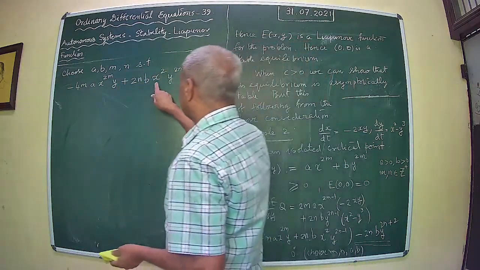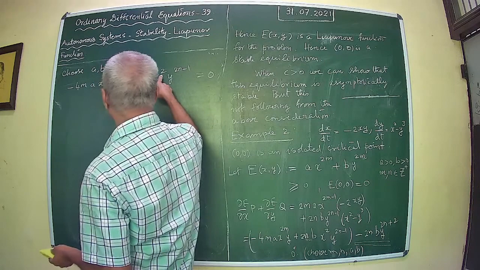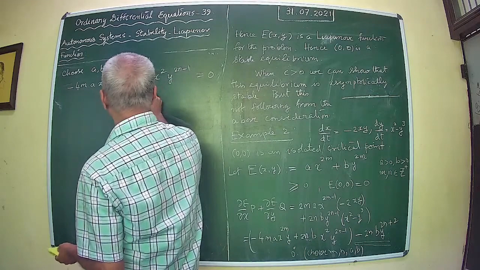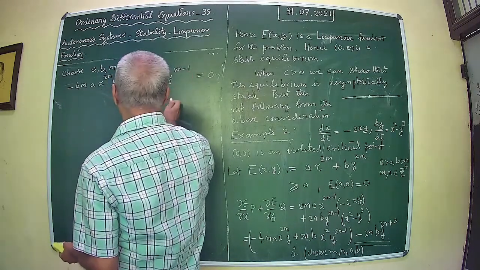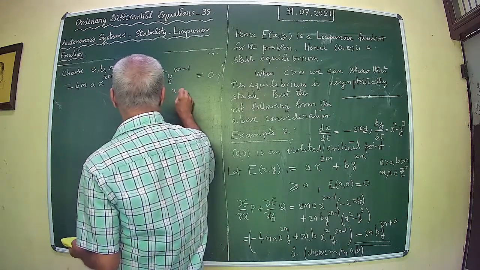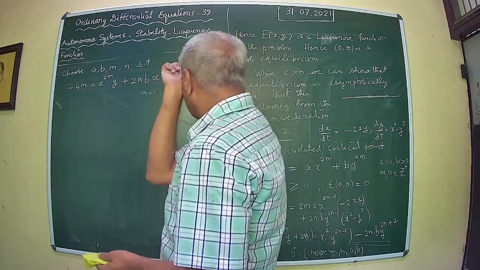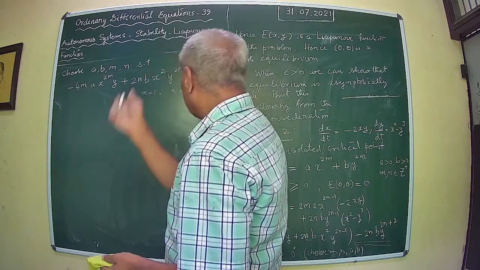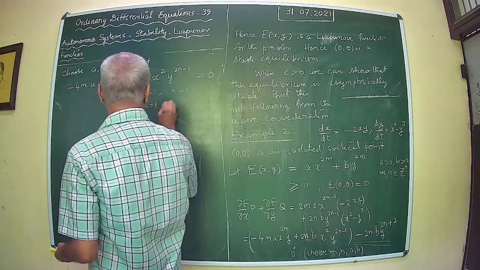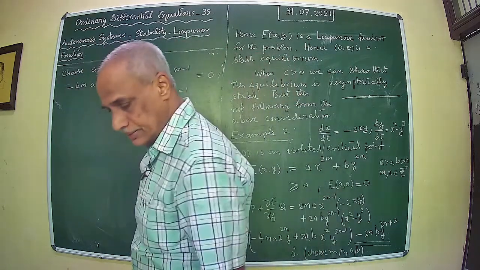See this automatically selects, you see 2m equal to 2, therefore m is equal to 1, and y to the power 2n minus 1 should be equal to 2, so that implies m equal to 1 and n equal to 1. Okay, so that is an automatic choice. Now with this you have to choose a and b. Now choose a equal to 1, b equal to 2.